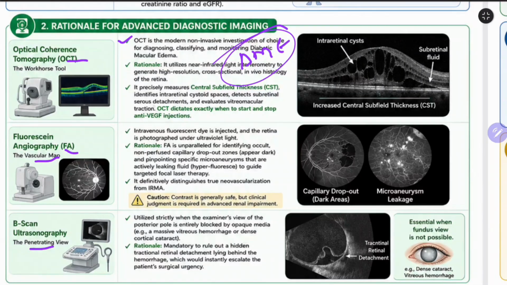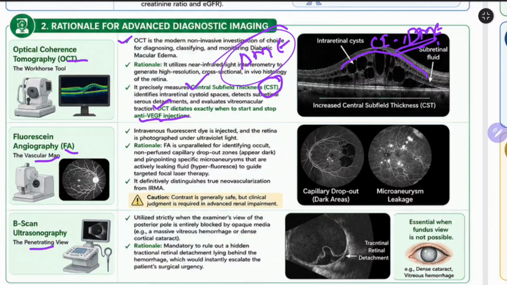One more important point: you will measure central subfield thickness, CST, and it will dictate exactly when to start and stop anti-VEGF injections. You can see here severe CIDME, you are seeing here, no?